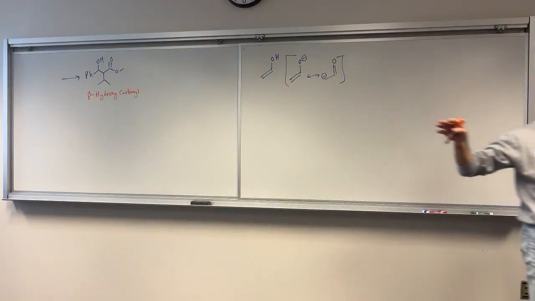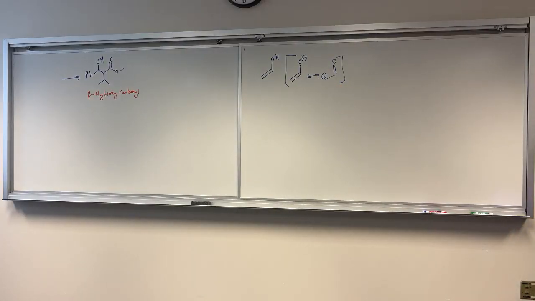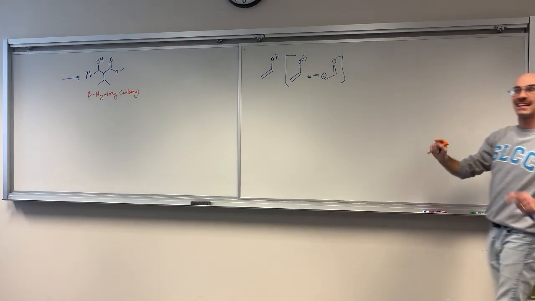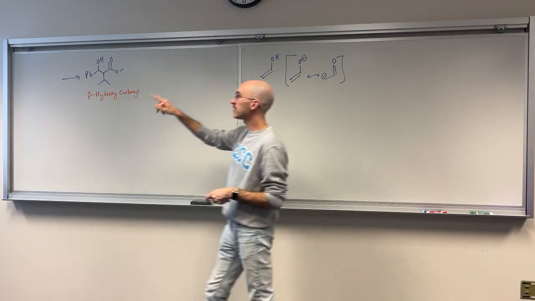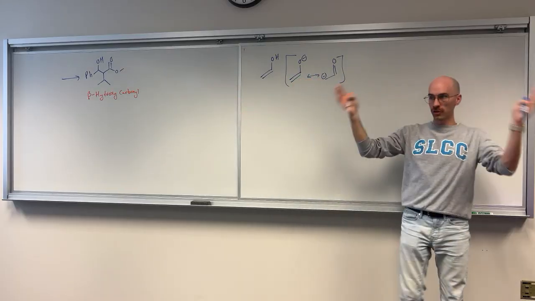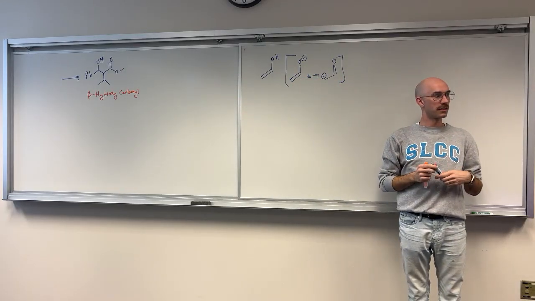So on the top of this sheet, you'll notice that I titled this Crossed Condensations. We talked about the Claisen condensation, ester to ester. We talked about the Dieckmann condensation, intramolecular Claisen. These are what I'm calling other crossed condensations.